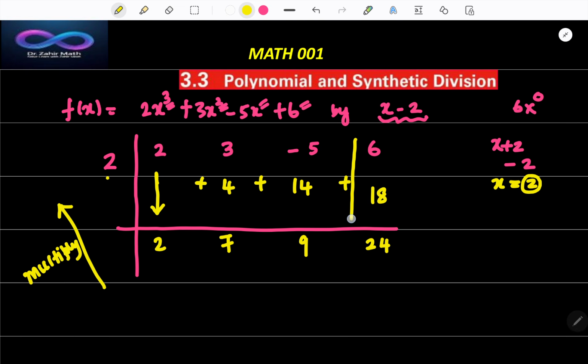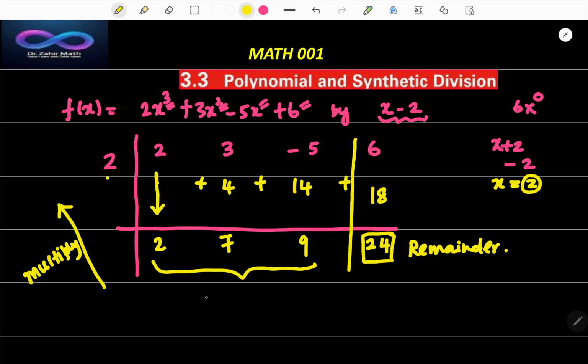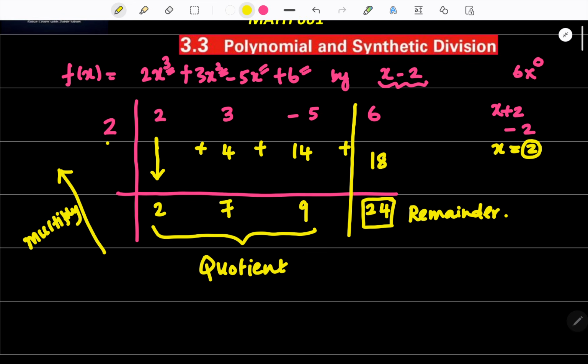The last column, in English, we call it the remainder. And this one, we call it the quotient. Actually, I started with power 3 and divided by 1x. So when I divide x cube divided by x, what is the resulting answer?